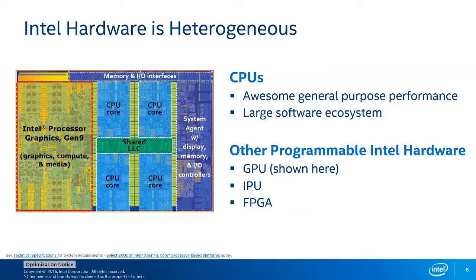The GPU has a different programming model and instruction set, and it was designed as a solution to a different set of problems than the CPUs were designed for. But when you're developing for heterogeneous systems, you can combine the strengths of the different hardware types. We've got other hardware types as well, not in this processor, but heterogeneous is definitely a strong story for Intel.